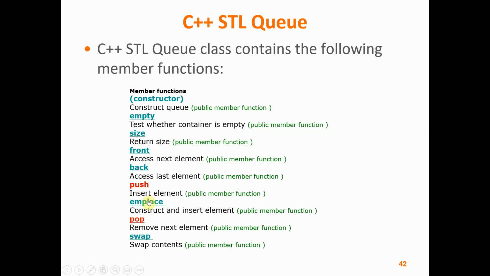We just do insertion and removal of the data by changing either the front and back pointers. And if you want to see the front of the queue or back of the queue, you would have separate member functions. This was the case for the stack class as well.